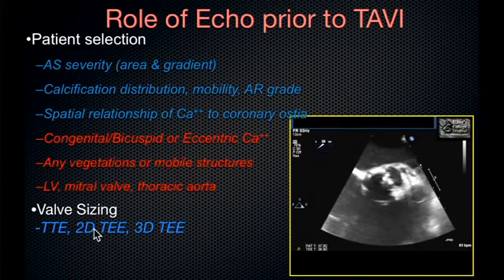You could use 2D transesophageal echo, but the annulus is a three-dimensional structure, and therefore I believe that it's important to image it in 3D, and if you're going to do that with echocardiography, then it should be 3D TE. So let's spend a few minutes now talking about annulus measurements, and in a separate section of the DVD you'll find a description of how to do this in detail using 3D datasets.